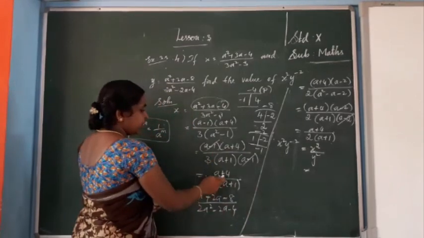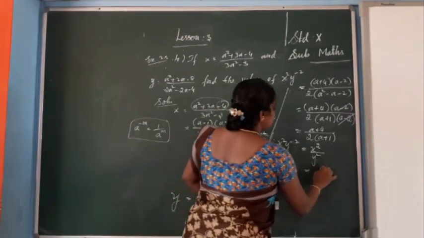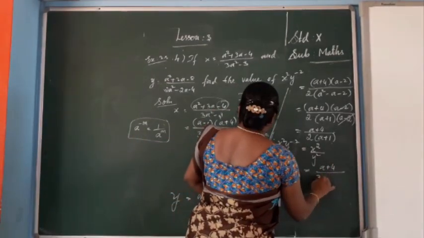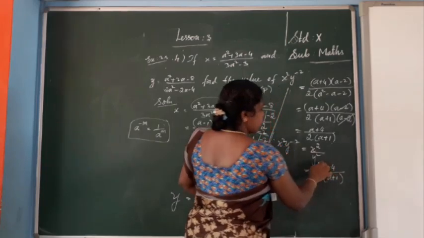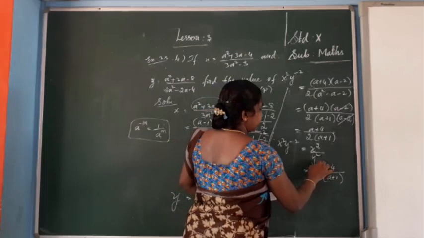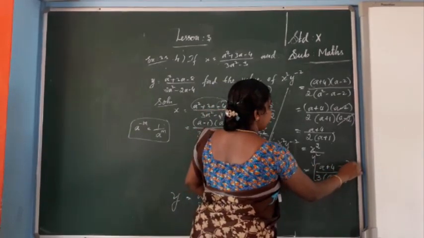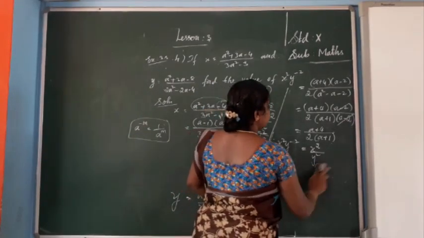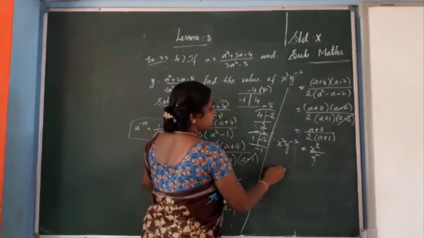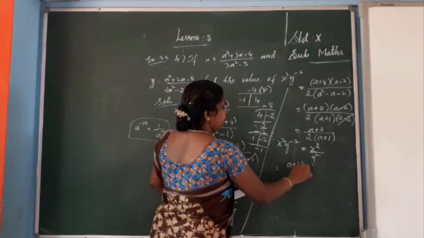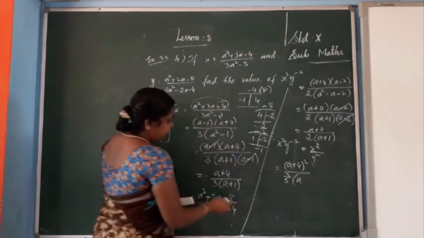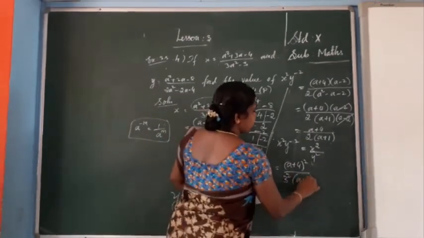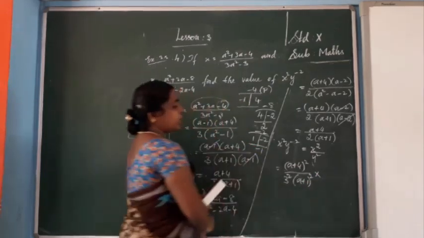X is a plus 4 by 3 into a plus 1, the whole square. So a plus 4 the whole square by 3 square into a plus 1 the whole square. All the terms are squared.